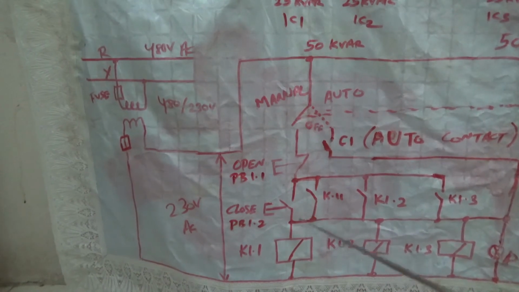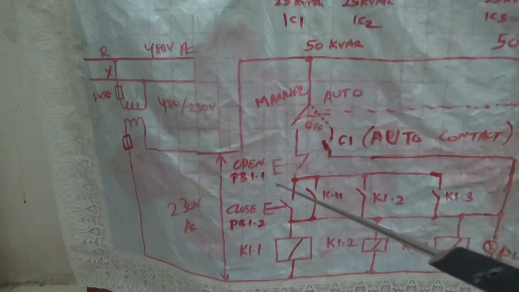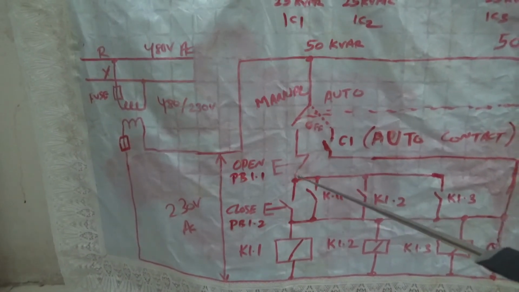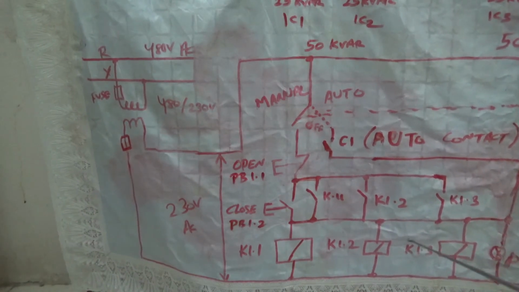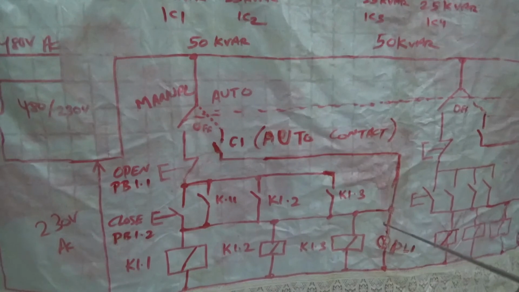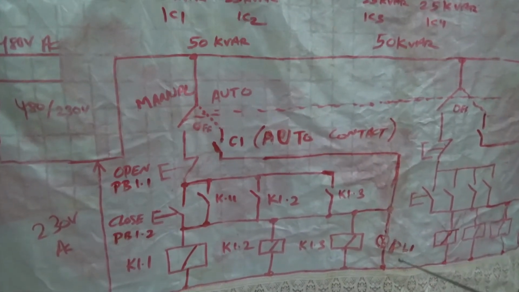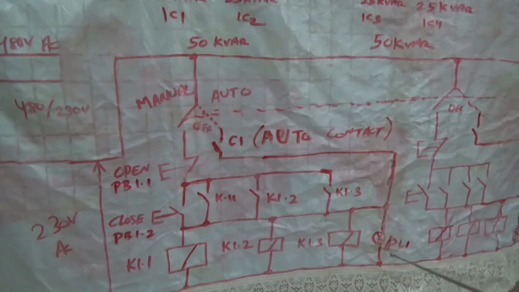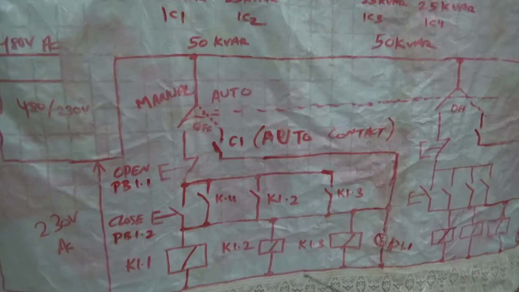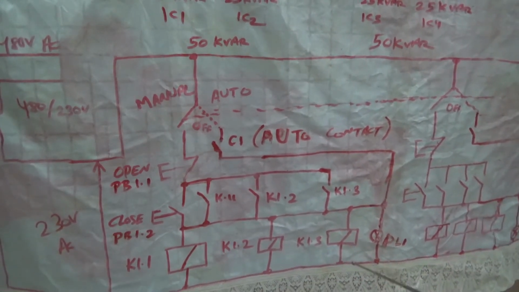If for some reason you want to open it, you have to press this NC open button PB 1.1. And there is one lighting indication. Once this is energized, this PL1 gives the indication that contactors are on, or capacitors are on.